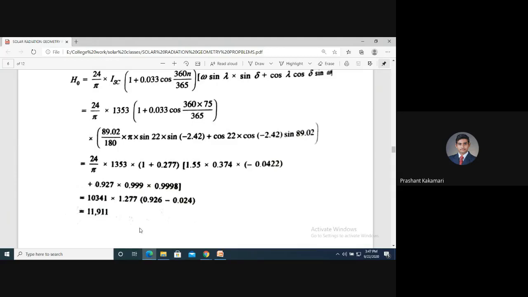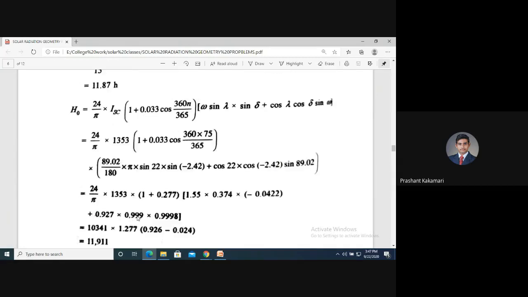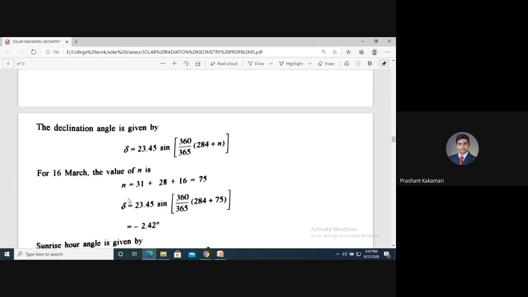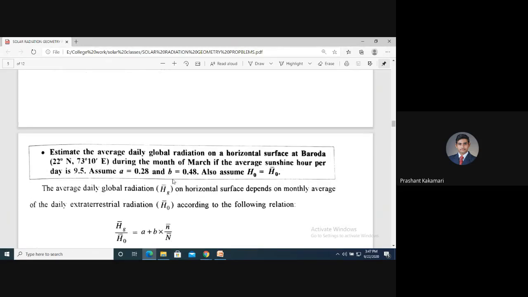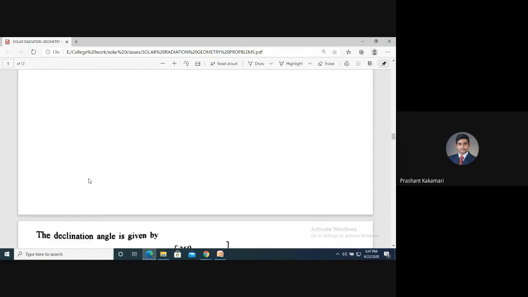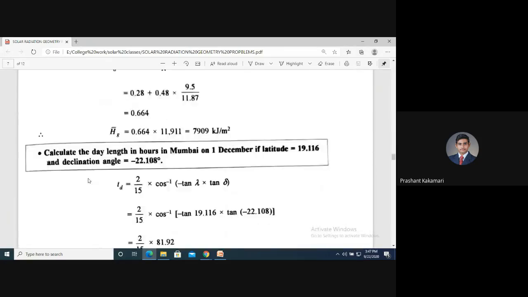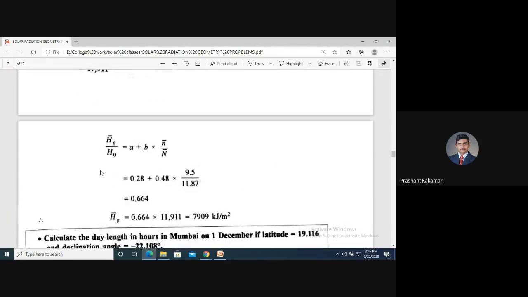So taking this H naught value and the A, B constants and the sunshine hours for that given day, see here, average sunshine hours and maximum sunshine hours, if you consider, one can find out the monthly average global radiation, that is Hg bar. As in the problem they have told H naught itself, you can assume it as H naught bar.